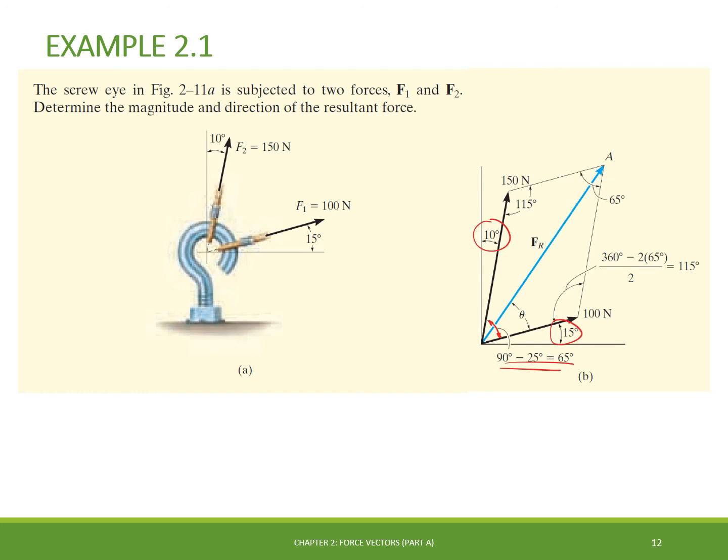With this information, we know from basic geometry that two pairs of opposite angles are equal in measure for a parallelogram. And then this angle here has to be 65 degrees as well.